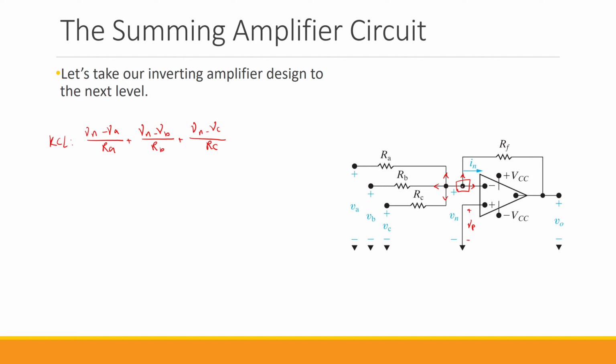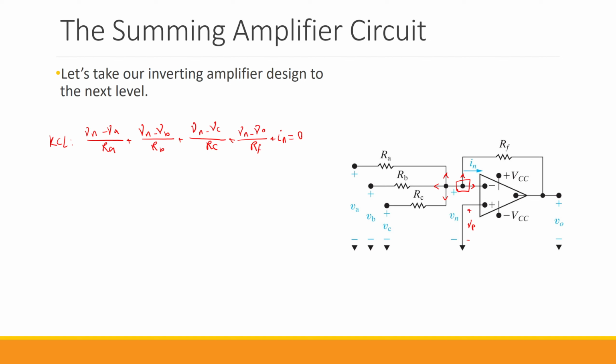For the current that leaves this node and enters RF, we have Vn minus Vo over Rf. And finally, we have the In that leaves this node and enters the inverting terminal of the op-amp. Since we don't know its value, we just put it as In.